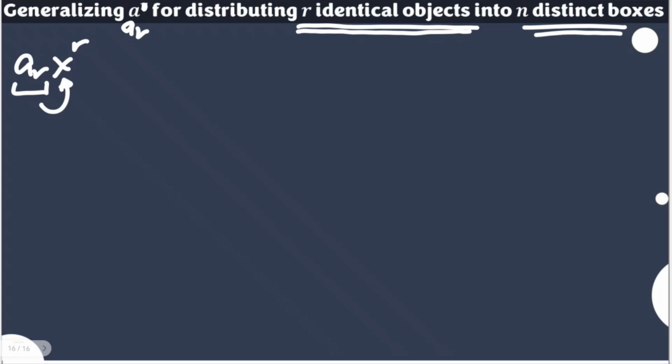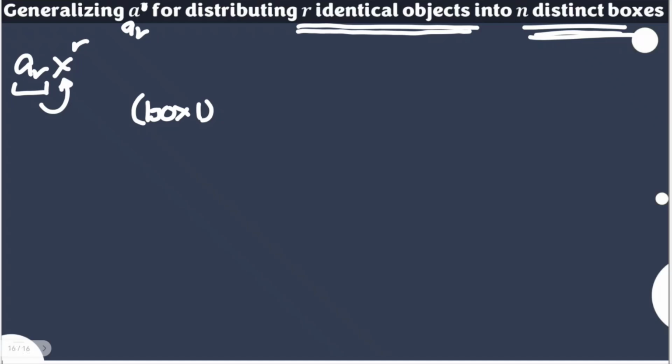If we talk about R identical objects and n distinct boxes, there are n different possibilities of boxes, and you're going to place R objects. Say, for example, box 1, and by the way, we are using generating functions to determine the formula.